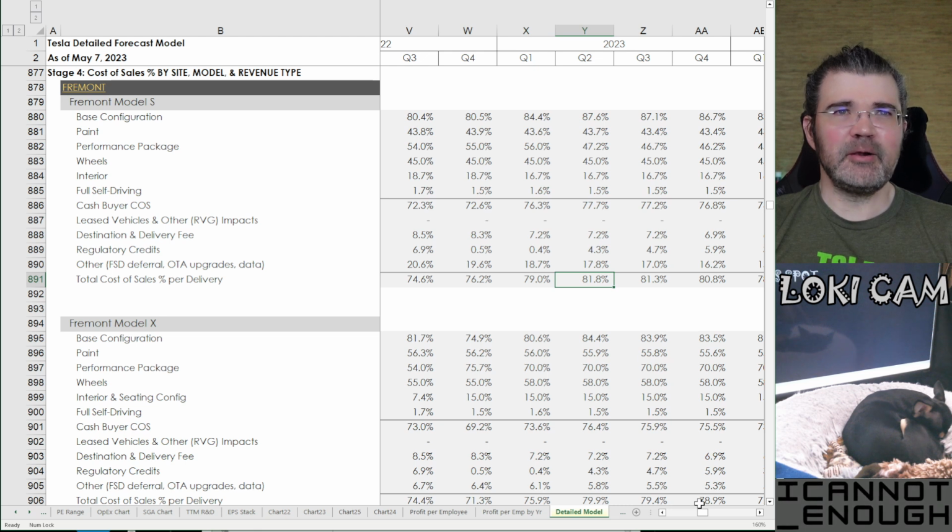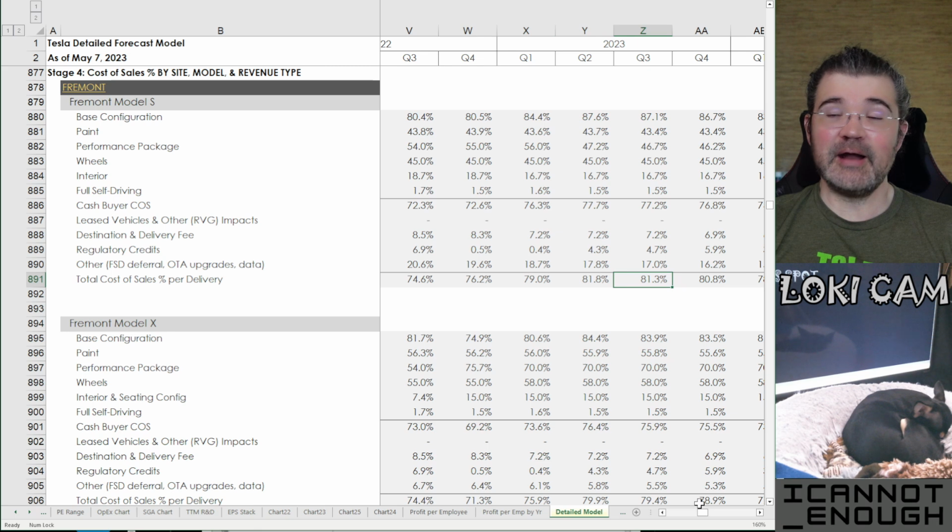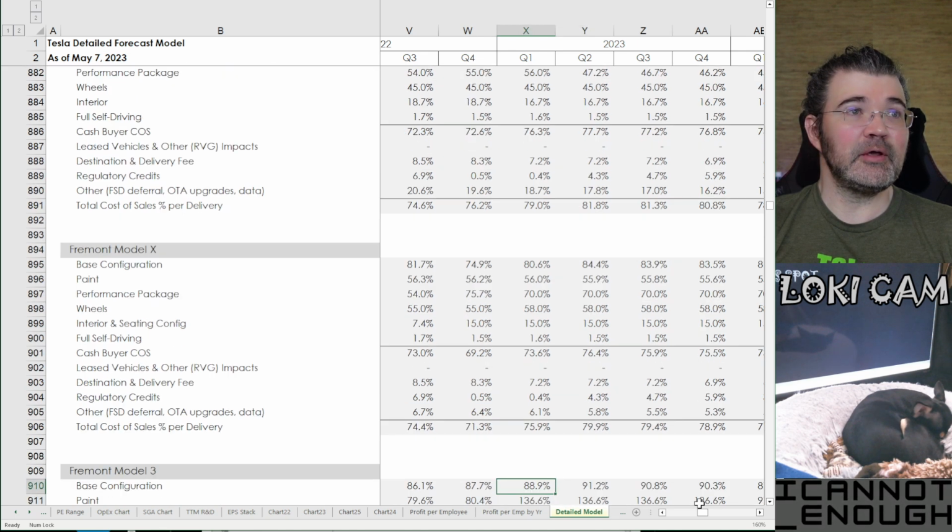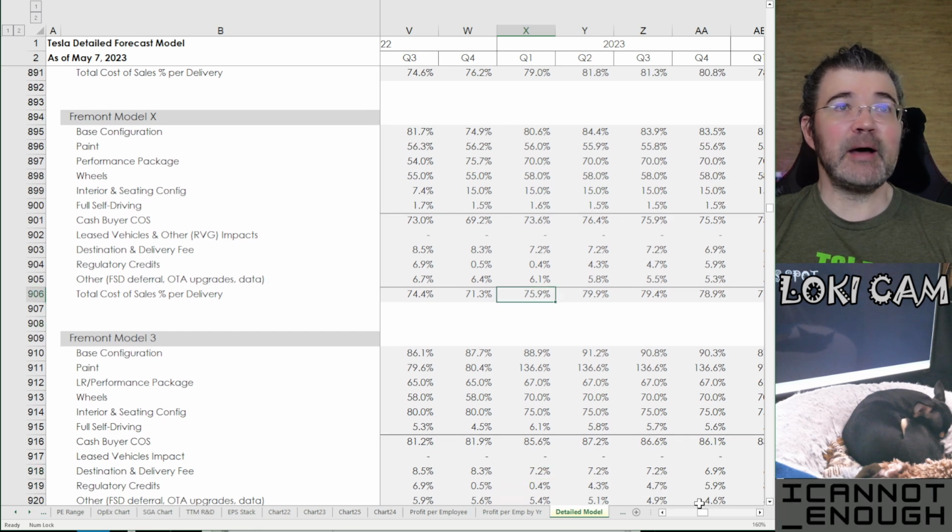On a per model basis, you can see that the profitability is getting worse here from Q4 to Q1 to Q2 before improving some in the latter half of the year, which is what Zach told us on the earnings call to expect. Then for the Fremont Model X, you can see it's the same story.